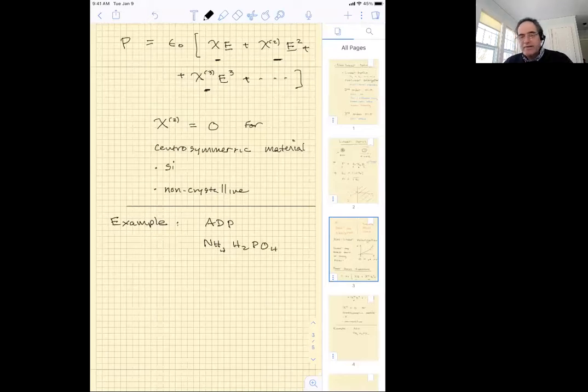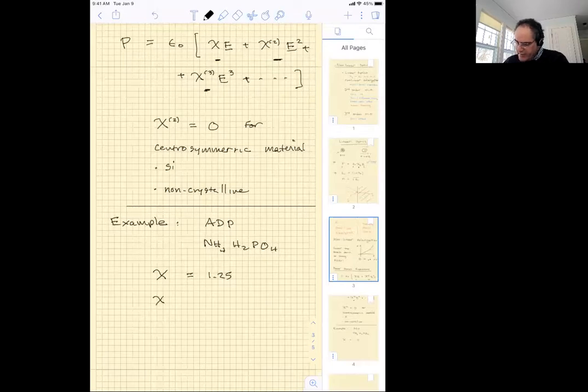It's a crystalline material that's often used for nonlinear optics because it has an especially large second order nonlinear susceptibility, okay? For this material, the electric susceptibility, the linear susceptibility, is 1.25.